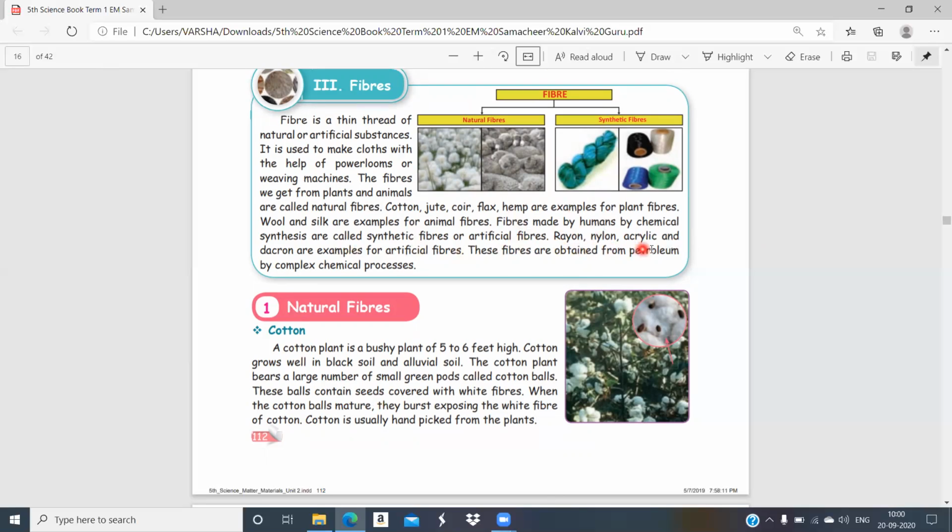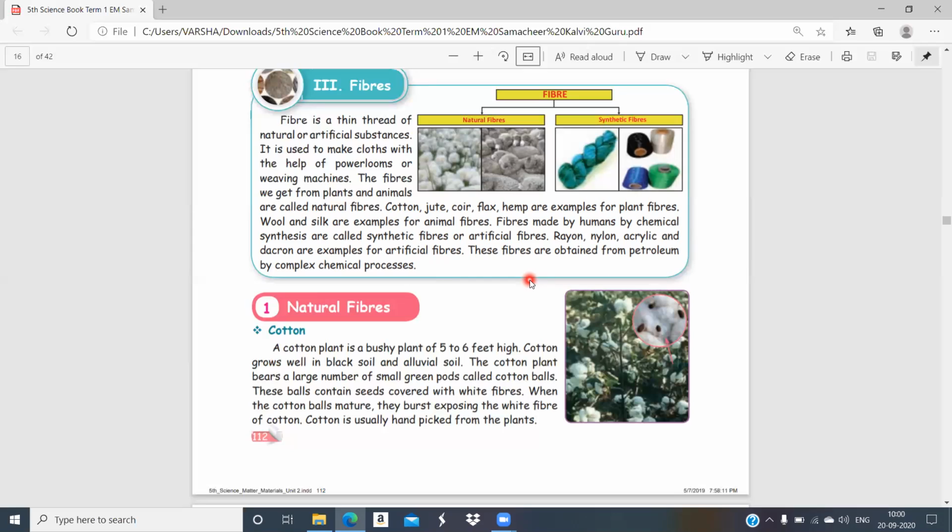Rayon, nylon, acrylic and terylene are some examples of these fibers. They are made by humans by mixing chemicals, which is why they are known as artificial or synthetic fibers.